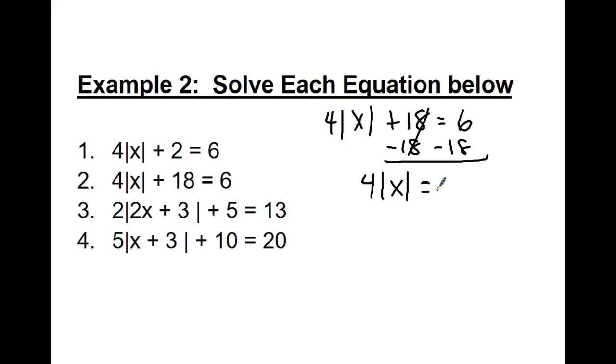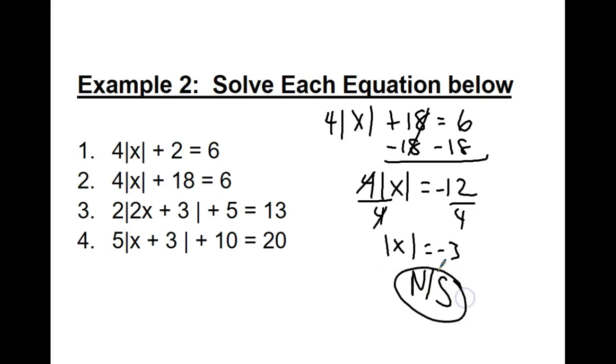Okay, now what? Now it's like 1. Very good. Can't equal a negative. The absolute value can't equal a negative.